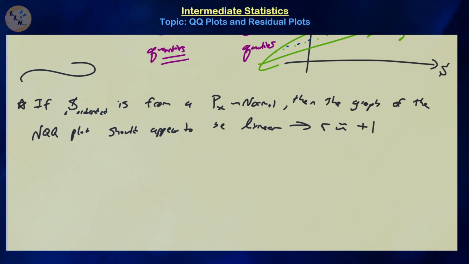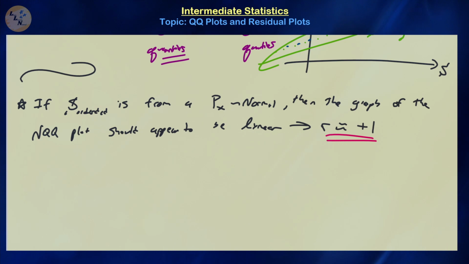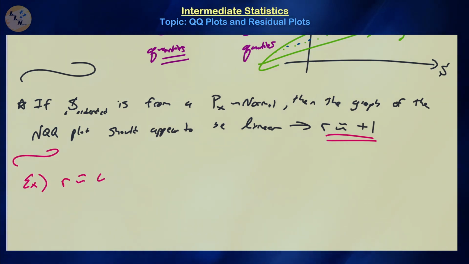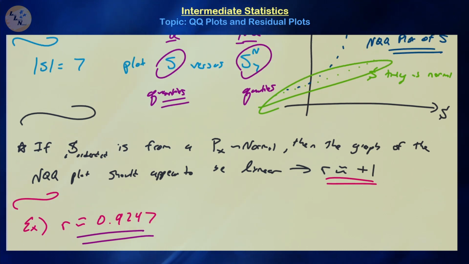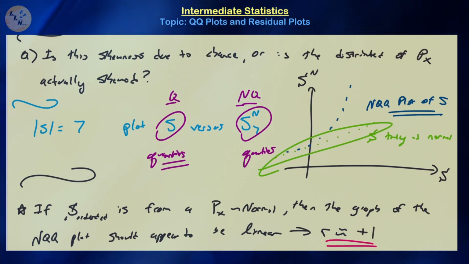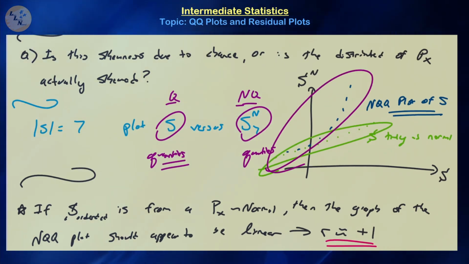So if you rank these data sets, both the normal one and the data set that you collected from the population, our goal is to compare whether r is close to positive 1. For our example, one can find that r is approximately equal to 0.9247. If this is our correlation for our data set, now of course if we look at this graph, does it appear to be linear?